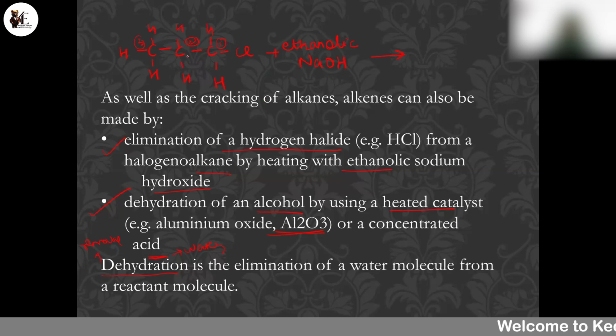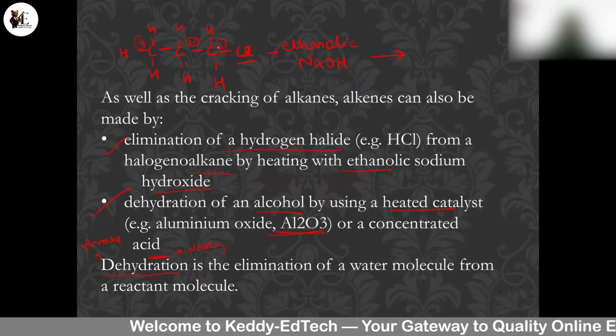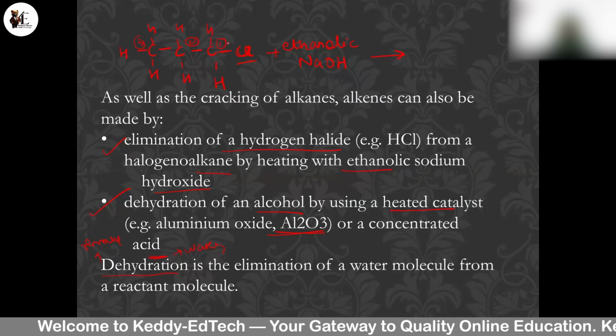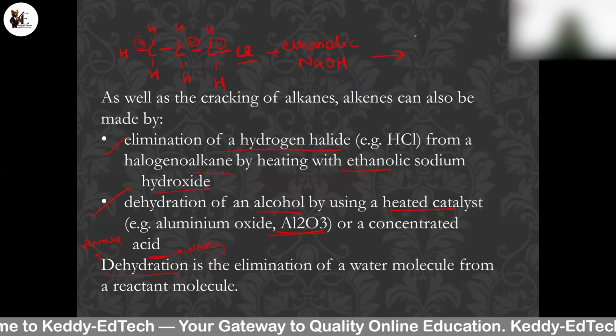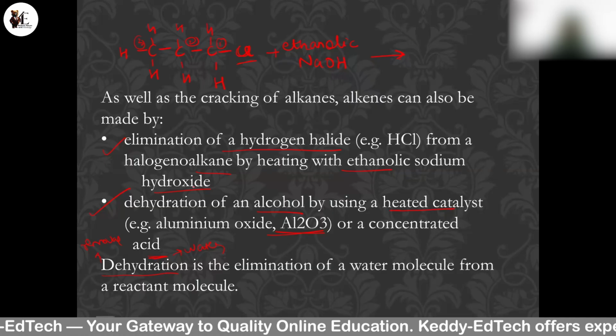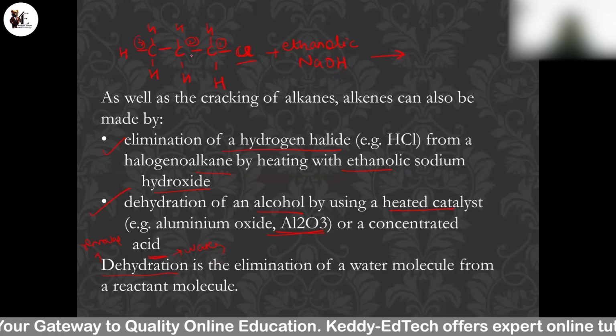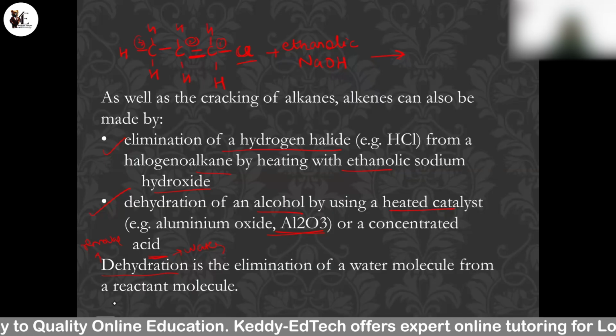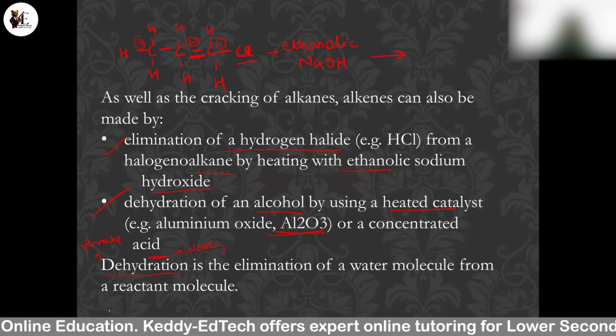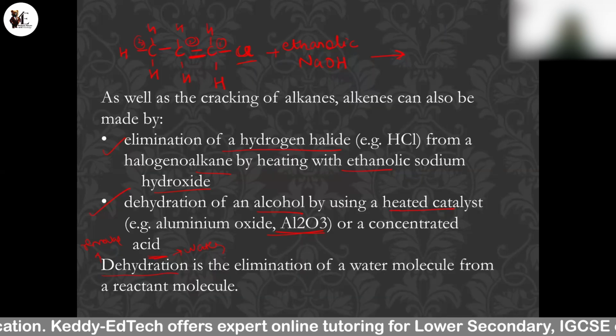There is a formation of a double bond at this position where the chlorine is attached, where your halogen or functional group is attached. There is an elimination. Since chlorine is in the first position, we get only one product here, but in other reactions we can get 2 or more products. For example, if you remove this, then the double bond will come here, so there is only one possibility. So you cannot determine the major and minor products from here.